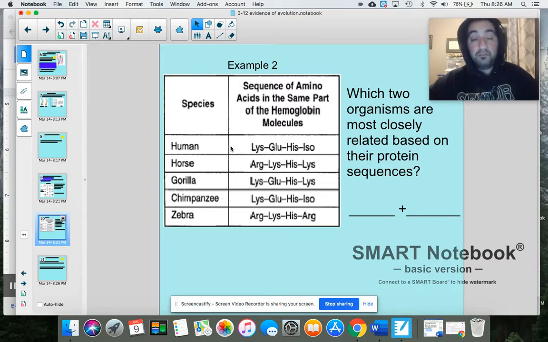If you take a look at the human amino acid sequence and the gorilla, LYS matches up, LYS, GLU, GLU, HIS, HIS. So almost exactly the same until you get to the last one, right? The last amino acid for humans is ISO, and the gorilla is LYS. So in your guided notes, we identified the two most closely related species based on protein sequence, the human and the gorilla.